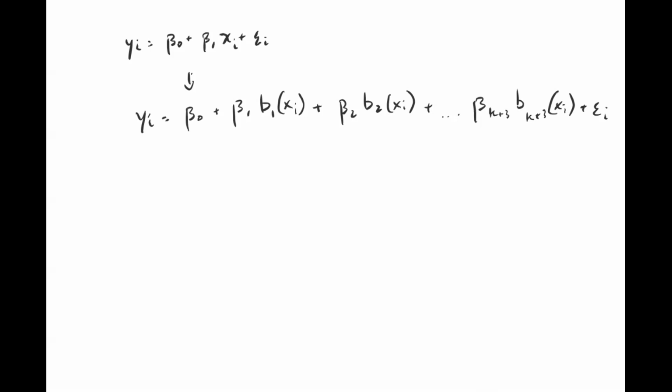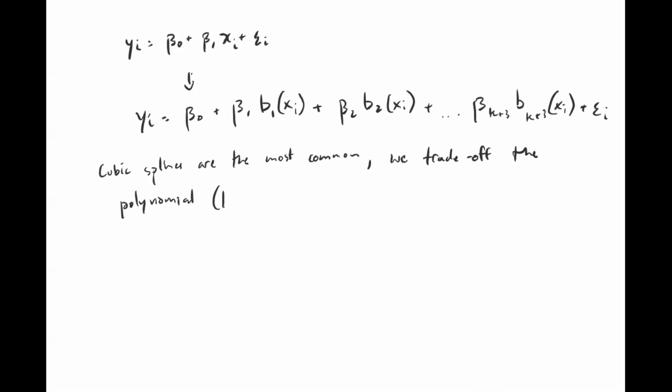As I was mentioning before, cubic splines are the most common. And we trade off the polynomial, having lots of x to the k terms, for knots.